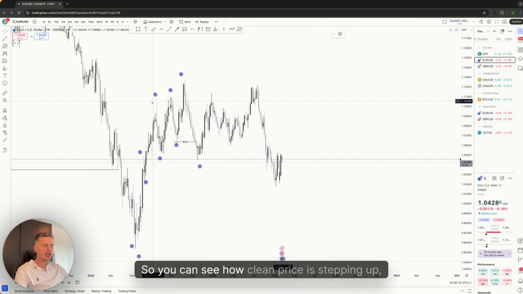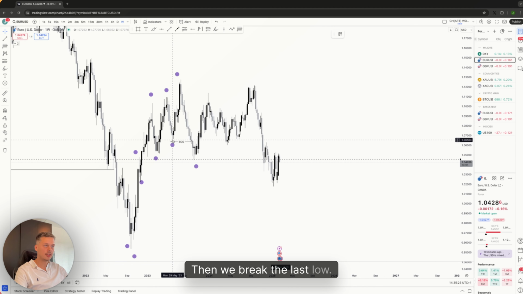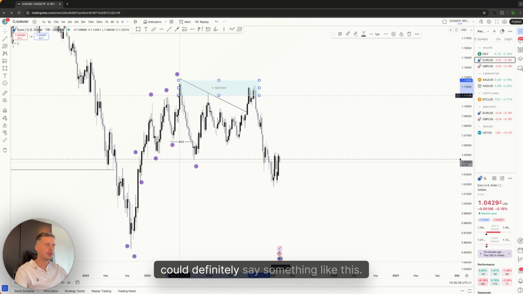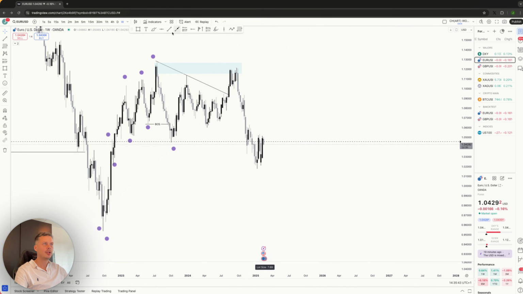So you can see how clean price is stepping up, making higher highs and higher lows. Then we break the last low, so previous market structure. Ever since we had builds up of liquidity over here, we take out that liquidity, we came into the last area over there, you could definitely say it's something like this, and price made a new low.